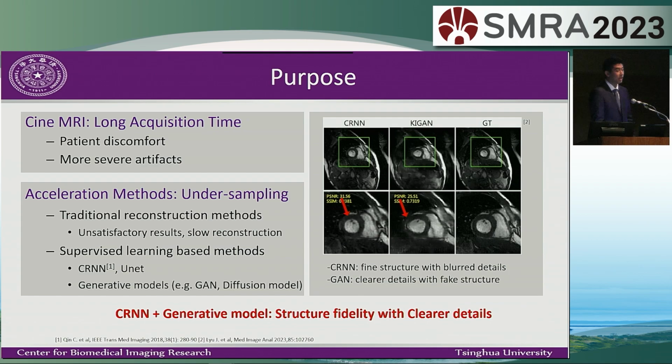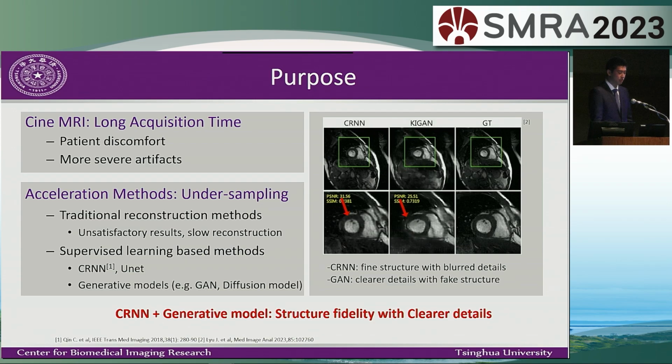Nowadays, Cine MRI has been widely used in clinical medicine, but its long acquisition time has always been a major drawback, which may cause patient discomfort and more severe artifacts. One major way to mitigate this problem is to perform undersampling during the data acquisition stage.